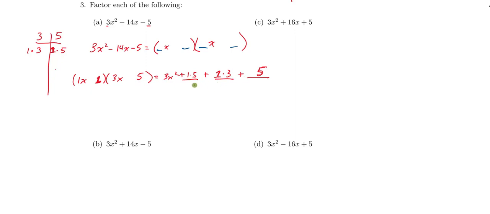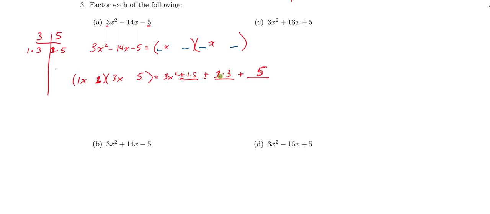And we know that we factored correctly if we get the correct middle term. Well, what's 1 times 5? That's 5. What's 1 times 3? Well, that's 3. If I combine those together, and by the way, this could be plus or minus for combining them together, can I get the number 14? Well, let's check. 1 times 5 is 5. 1 times 3 is 3.